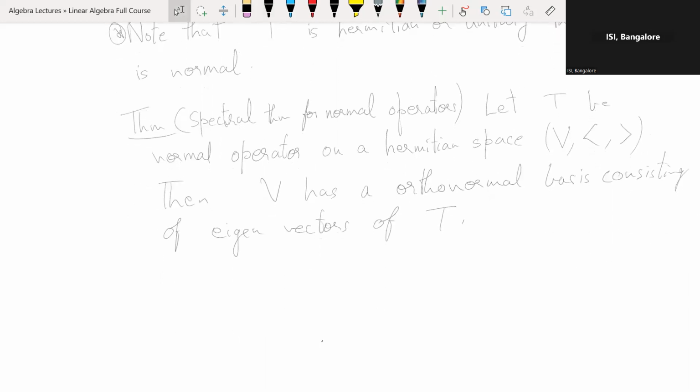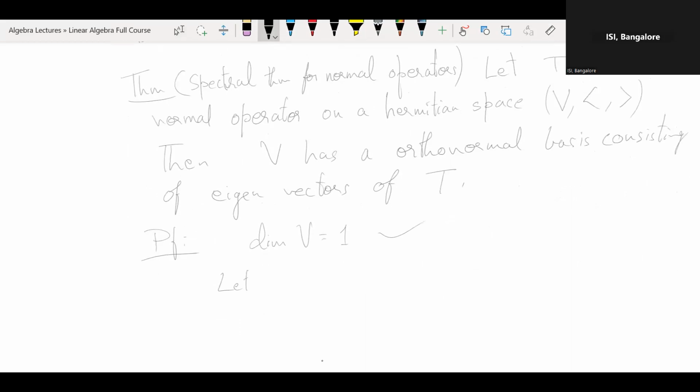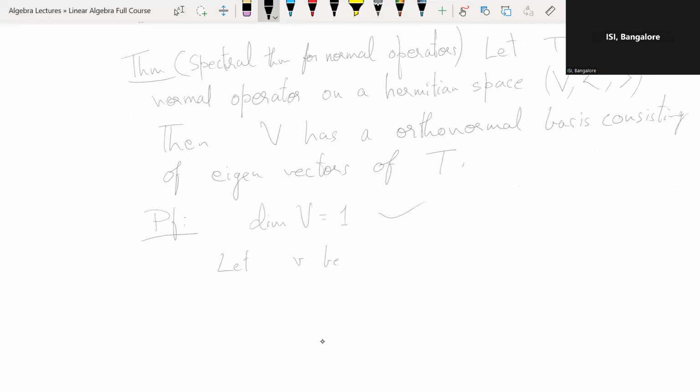And the proof is also somewhat similar. Again, we will prove it via induction on dimension. Dimension of V equal to 1 is okay. So we assume the dimension is greater than or equal to 2, and let v be an eigenvector of T with eigenvalue lambda.